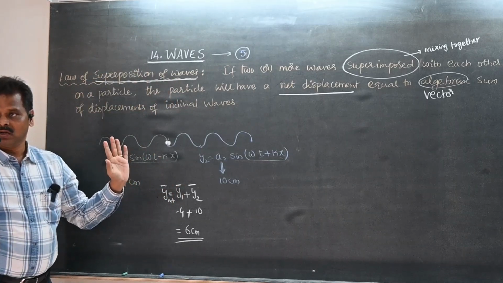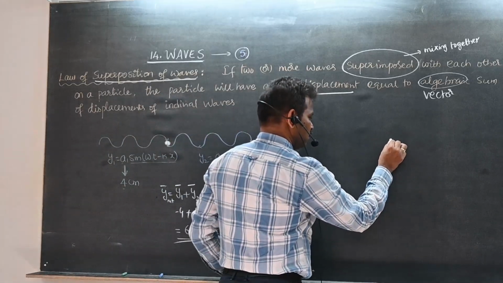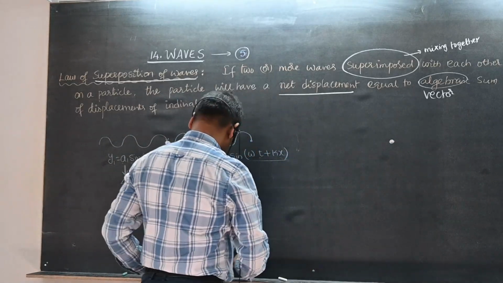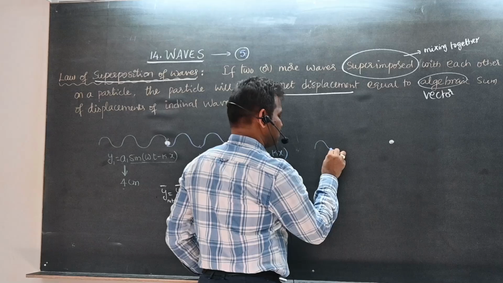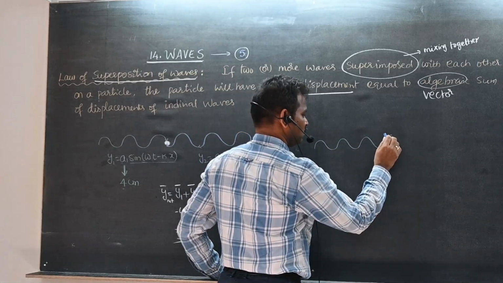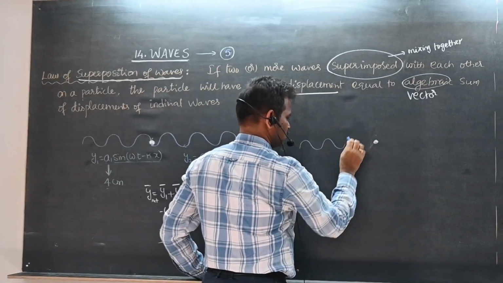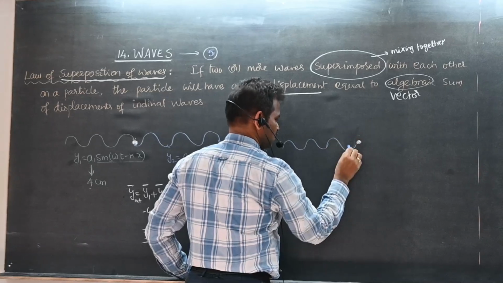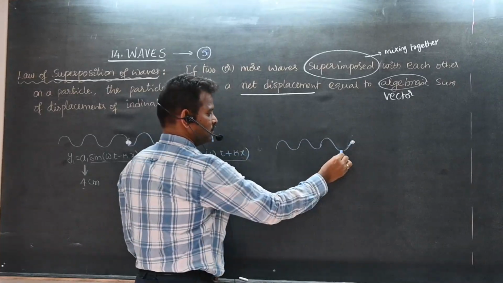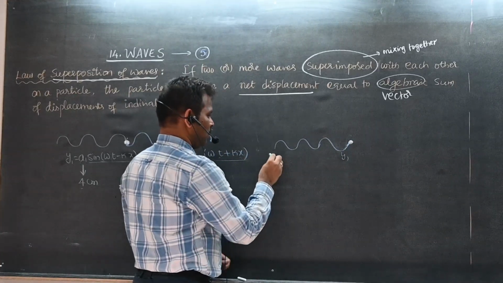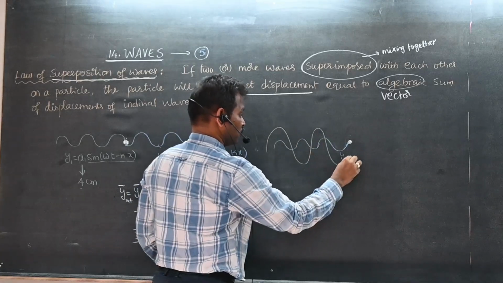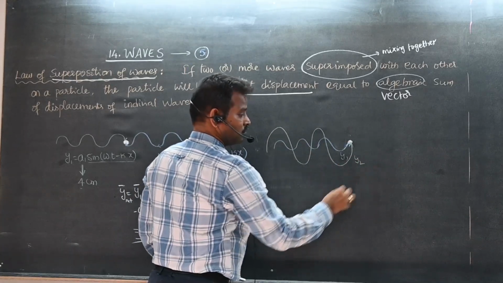Clear, students? Now, this is a particle. One wave is traveling like this, not hitting the particle. This is y1, and one more wave, this is y2.